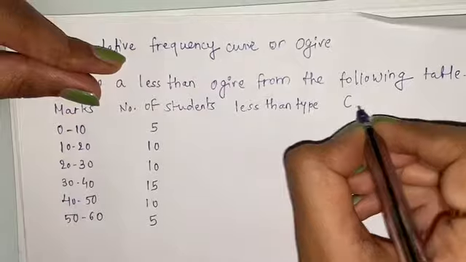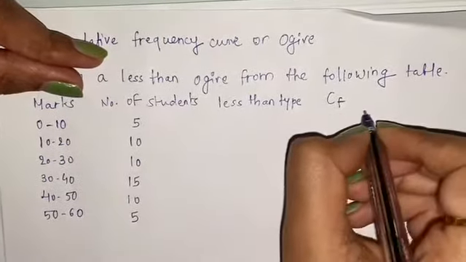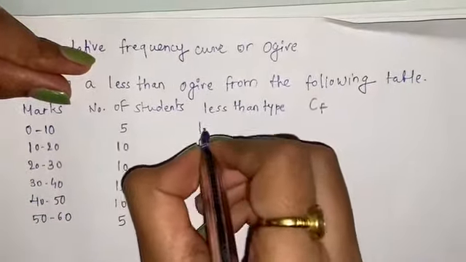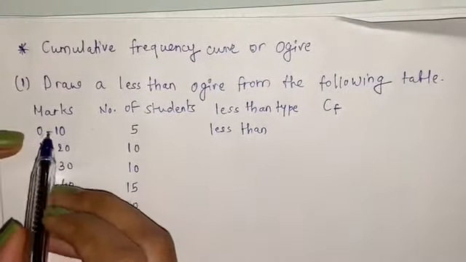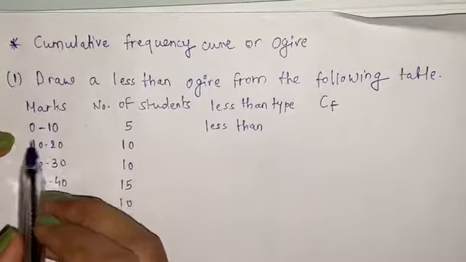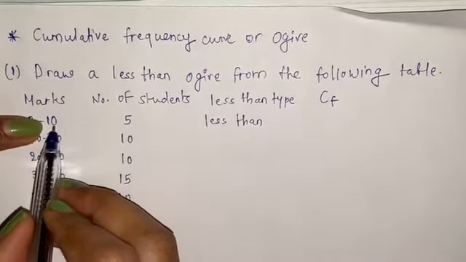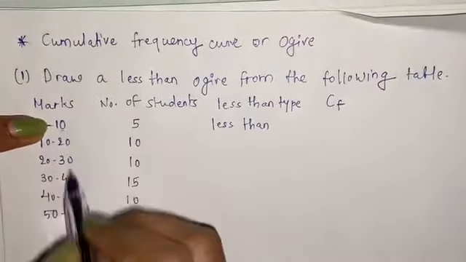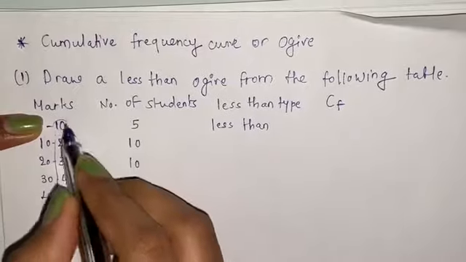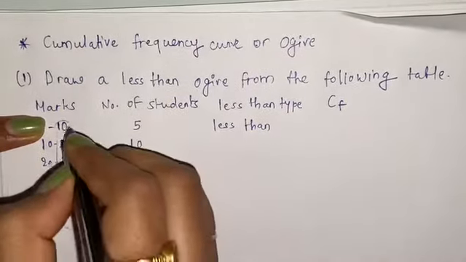And the last column is of cumulative frequency. Now less than type. So I will write first less than 0. Less than 0, do you have anything? No. So I will start from less than 10. So for less than type, we will follow these numbers. Okay.